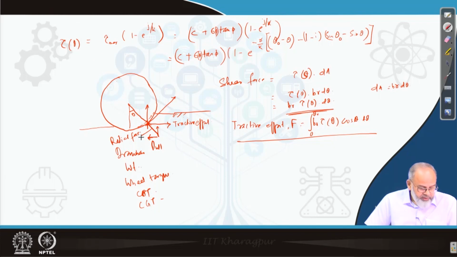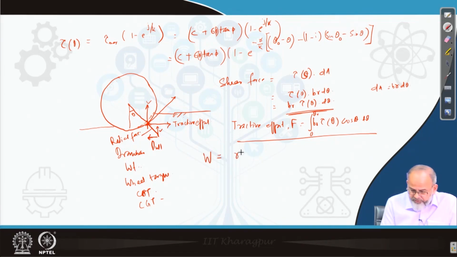So, first we have to calculate the vertical component. One vertical component is from the shear force, the other vertical component is from the radial force. The summation of that will give you the weight.